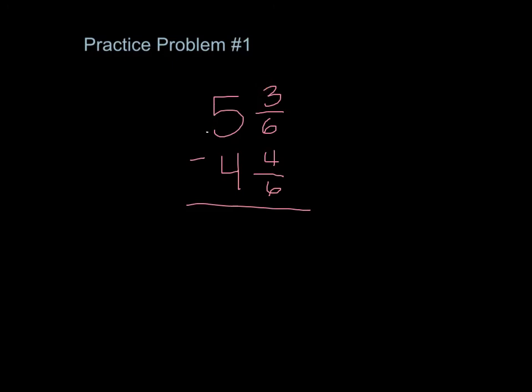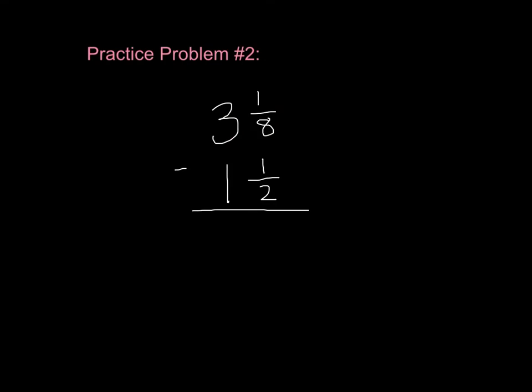I'm going to cross out the 5, make it a 4, and add on 6/6 to this fraction of 3/6 to make its new form 9/6. Now I can just subtract as normal. 9/6 subtract 4/6 is 5/6, and 4 subtract 4 is 0. So my answer to this problem is 5/6.